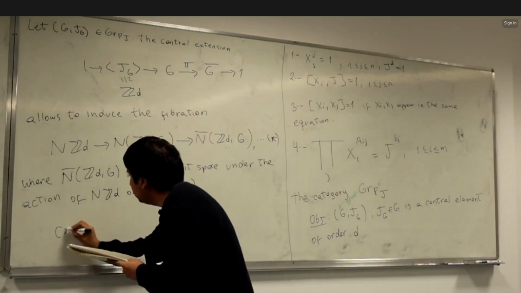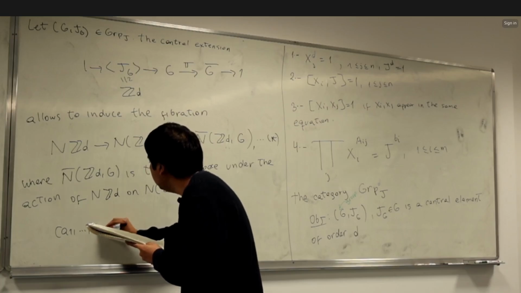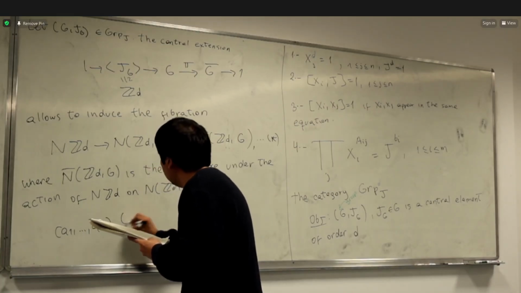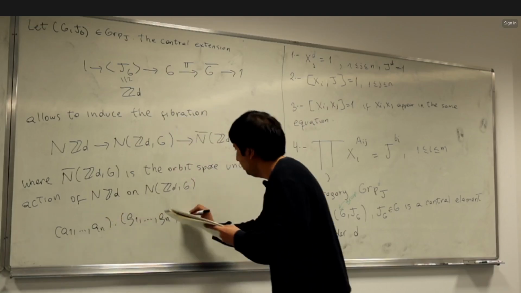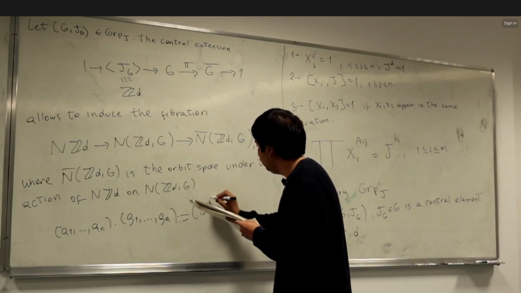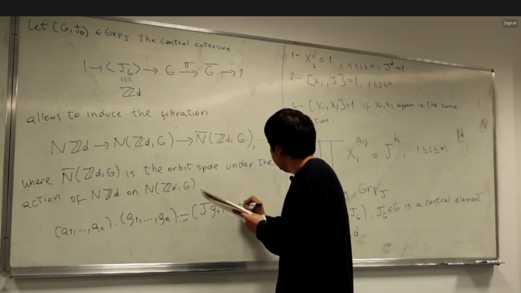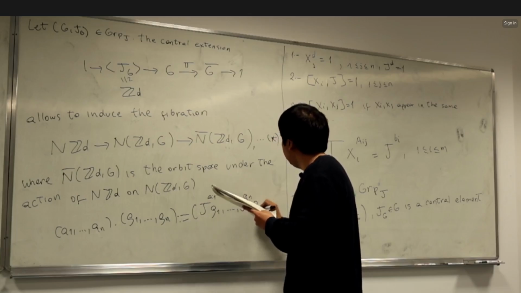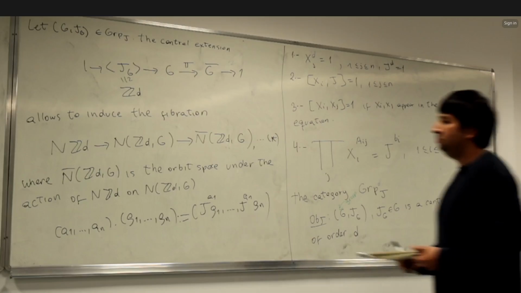Okay, let's see. D1(a_n, g_n) defined by the following: J a_1, d_1, J a_n, g_n. Okay, remember that J is central in G.